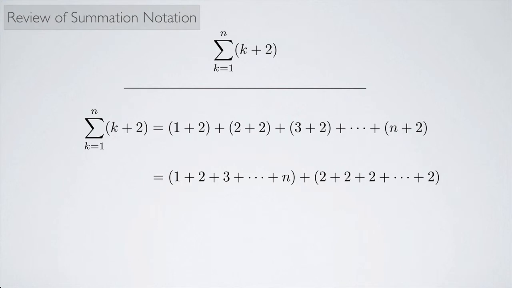So I would get 1 plus 2 plus 3 all the way up to n, all that grouped together, and then all the 2's that came after it grouped together. And that's the same thing as the sum from k equals 1 to n of k plus the sum from k equals 1 to n of 2. And I know how to do both of those sums. So the rule here is if you have a sum that consists of two things added together, then that's just the sum of the individual things.